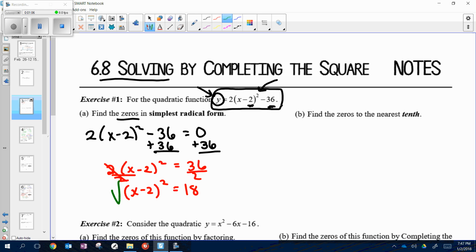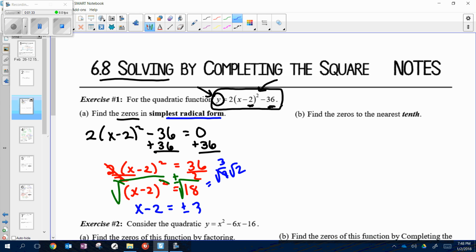And you're going to take a square root, undo the squaring, take a square root, and put a plus or minus. So now I'm left with x minus 2 equals plus or minus the square root of 18. It said simplest radical form. Hopefully you see that this is the square root of 9 times the square root of 2, otherwise known as 3 square roots of 2. If you're still confused on how to do that, make sure you talk to your teacher about how to simplify a radical.